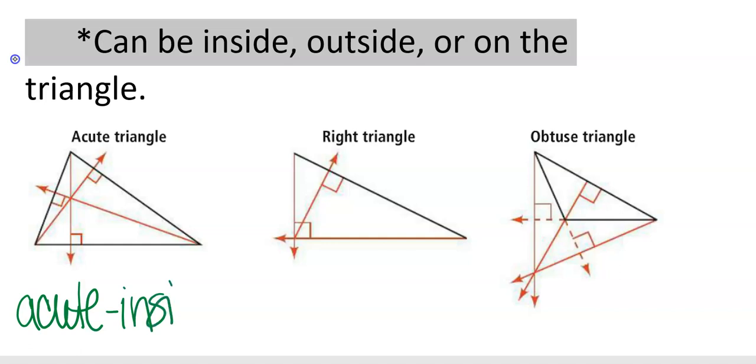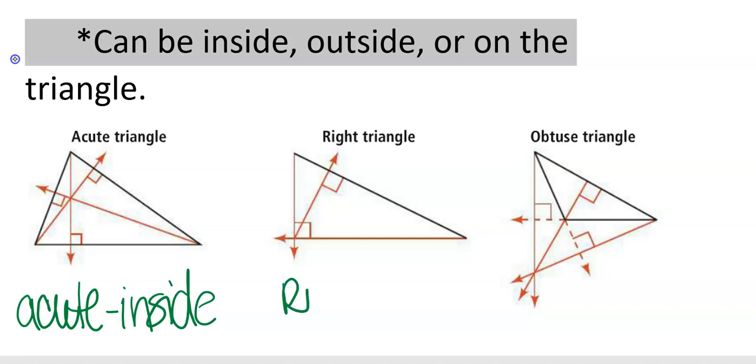inside. Kind of like what we did when we did those constructions. We did the circumcenter. We did an acute triangle, it was on the inside. A right triangle, it was on. And then an obtuse triangle, it was outside. So think about it kind of that way. In a right triangle, where is it? On the hypotenuse, only it just doesn't cut it across the middle.